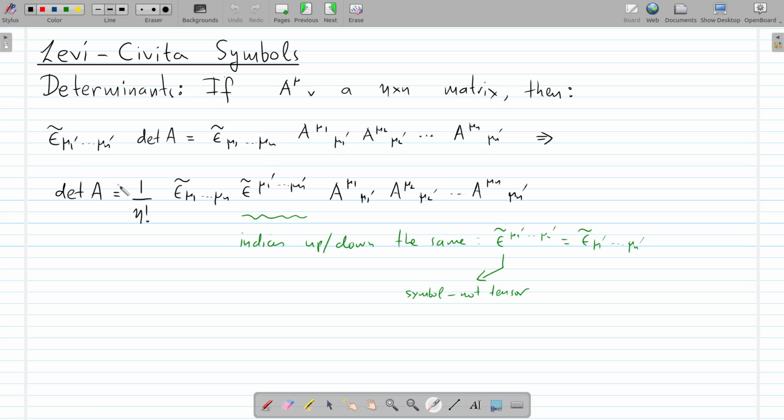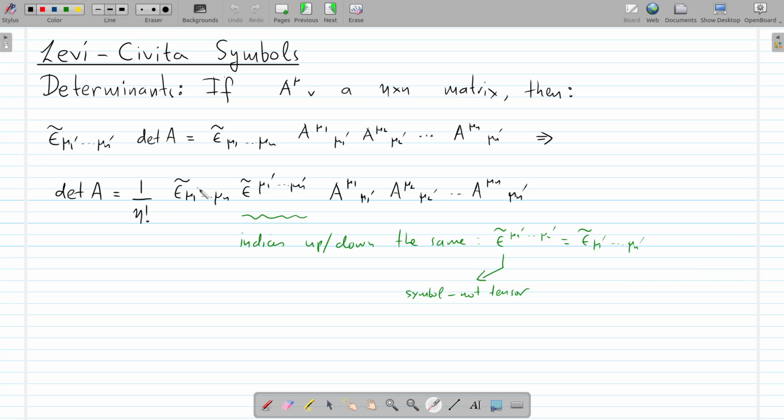So if we use the identity that epsilon times epsilon contracted over all n indices gives n factorial, and we contract both sides of this equation by an epsilon symbol, then we can solve for the determinant and obtain this formula here. And this n factorial comes from the contraction of the two epsilon symbols on the left hand side.